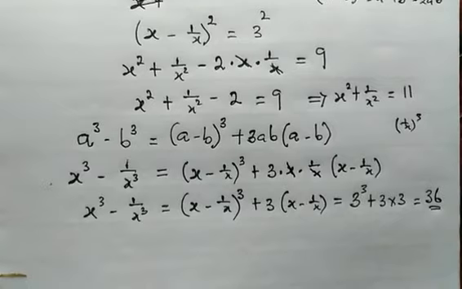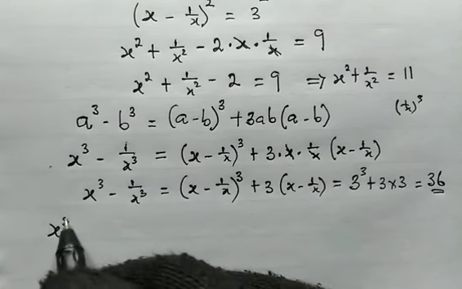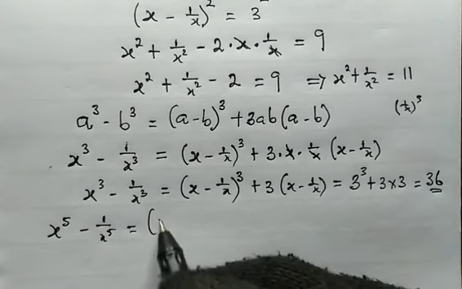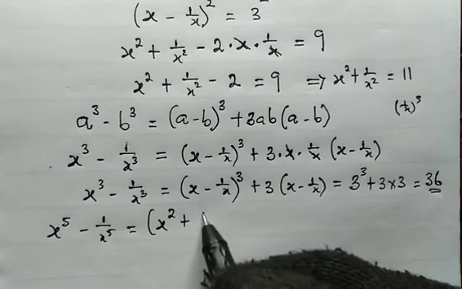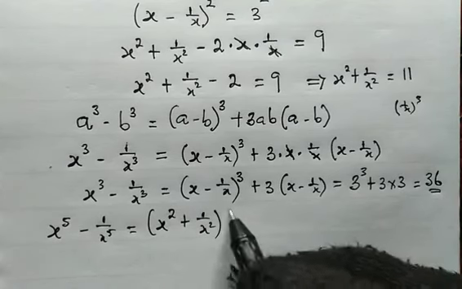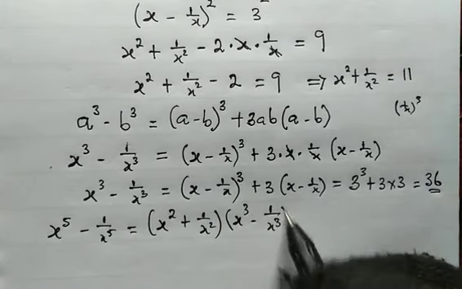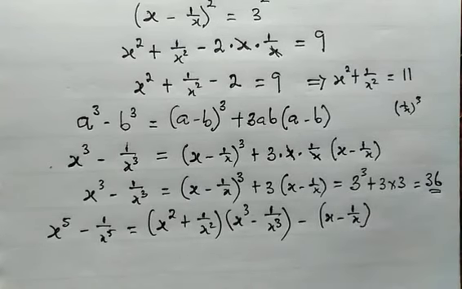So from here, I think we can get the value of the expression. So we have x to the power of 5 minus 1 over x to the power of 5, which we rewrote as x squared plus 1 over x squared multiplied by x cubed minus 1 over x cubed, then minus x minus 1 over x.